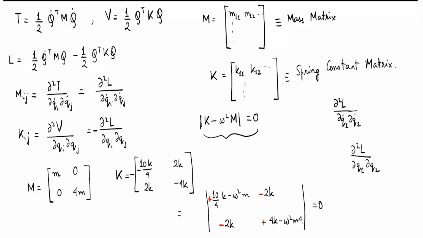So your equation will be 10 by 4k minus omega square m into 4k minus 4 omega square m minus 4k square equals to 0.